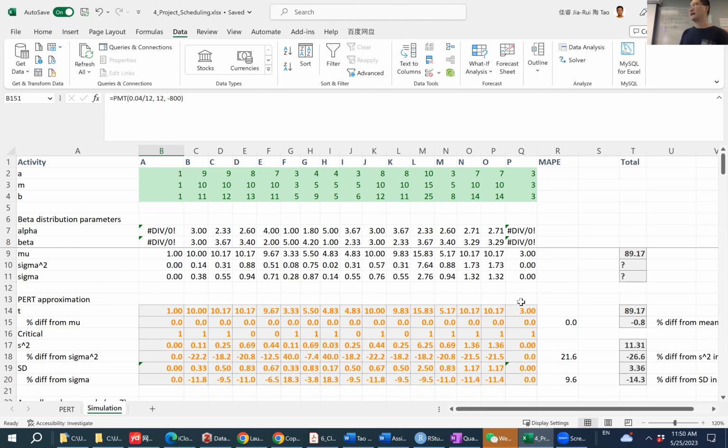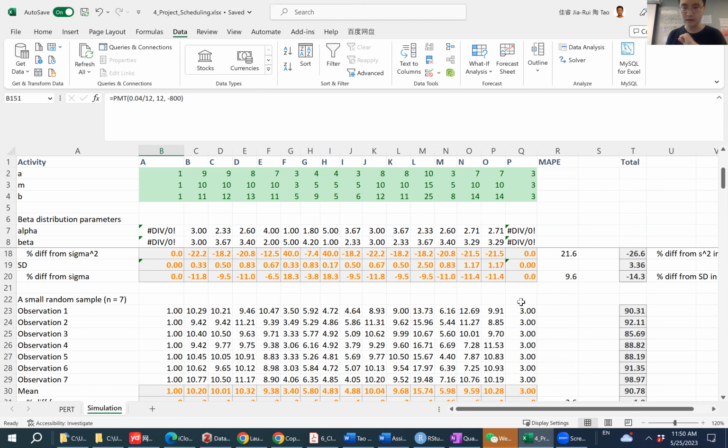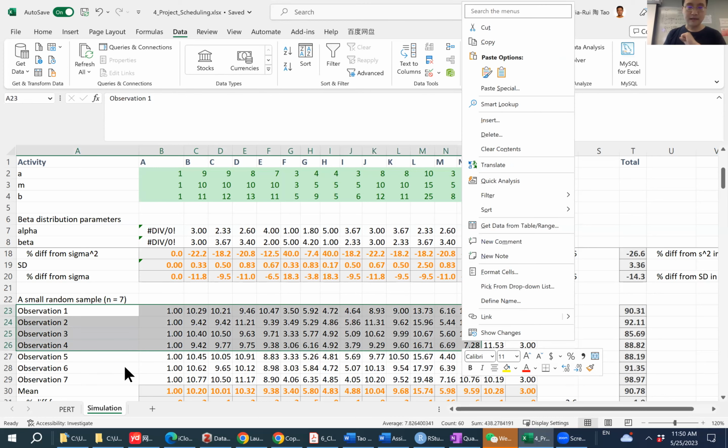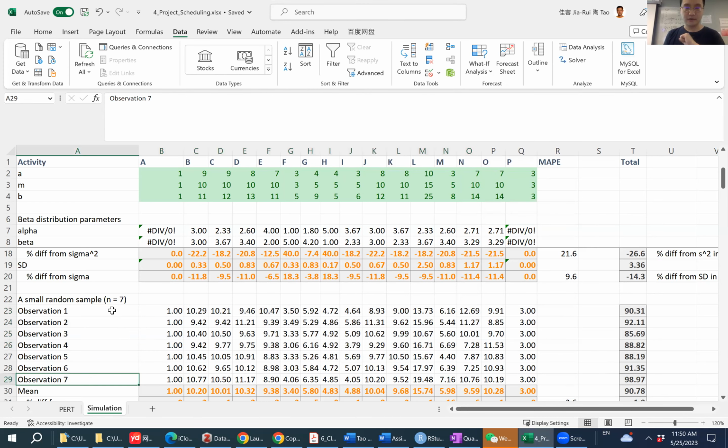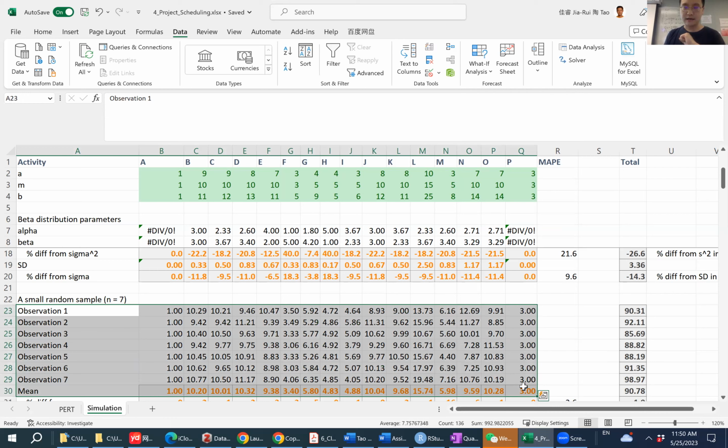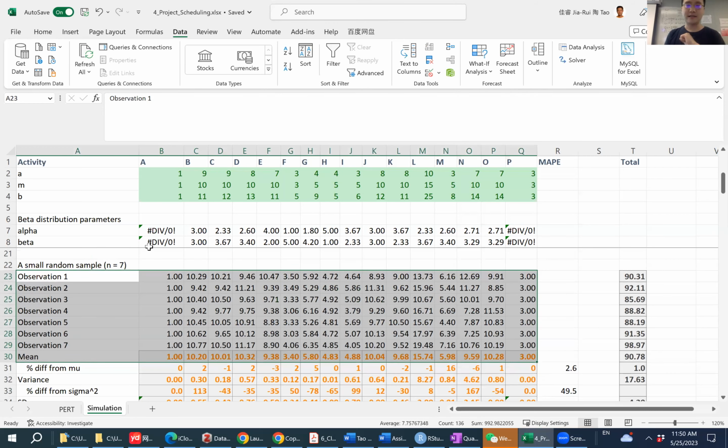But how can we derive the variance? This can be done if we generate multiple cases or a larger sample size for the simulated sample. For example, if we run 7 times of the simulation, this is what I got.